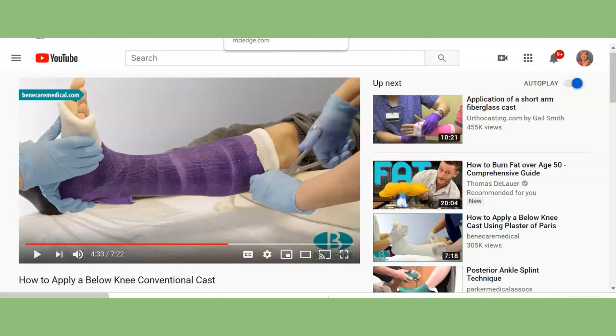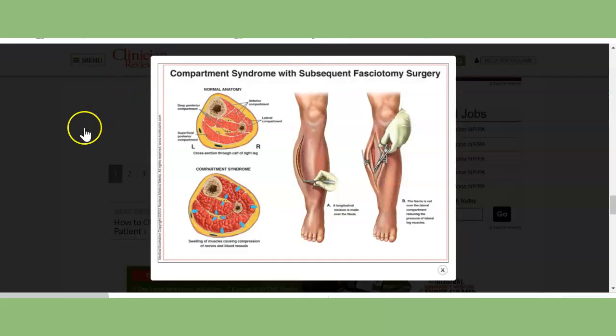All right, now what I want to go to is compartment syndrome. I'm just showing this as an example. Look at these 2 pictures here. This is normal, and as you can see, all of this here are different types of vessels, lymph tissue.